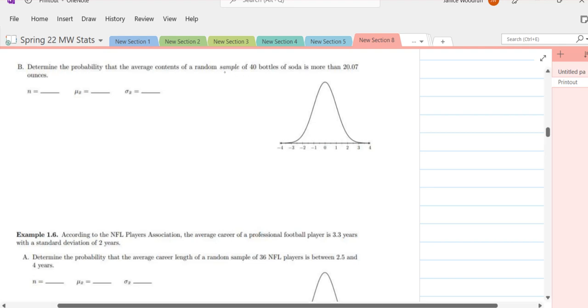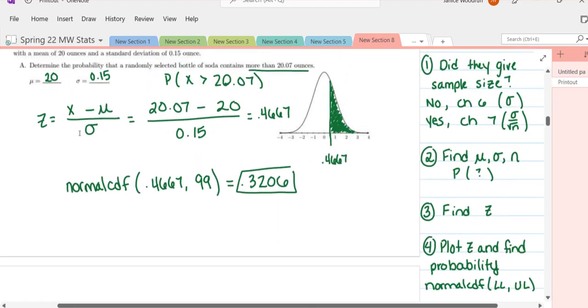is more than 20.07 ounces. So now they're giving you the sample size. So now this is chapter 7. Okay, so we have the sample size is 40. Then we determine the mean, which was 20.